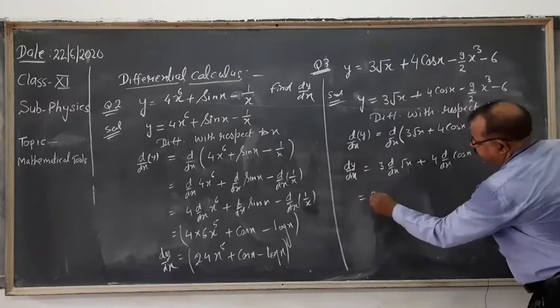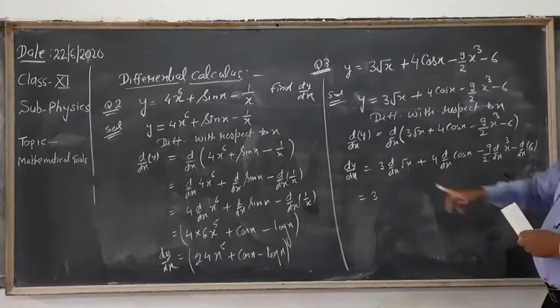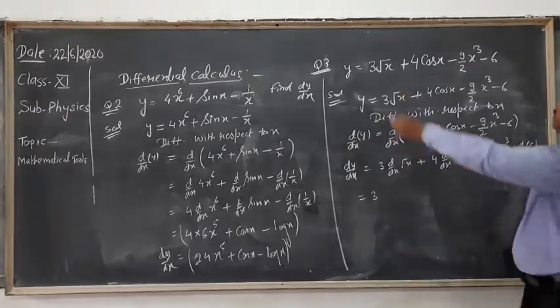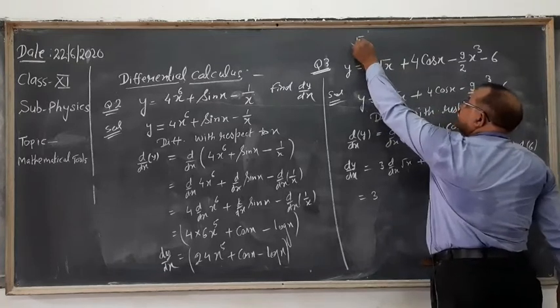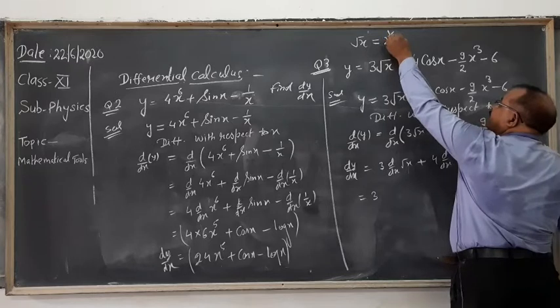Under root x is written as x to the power 1 by 2.